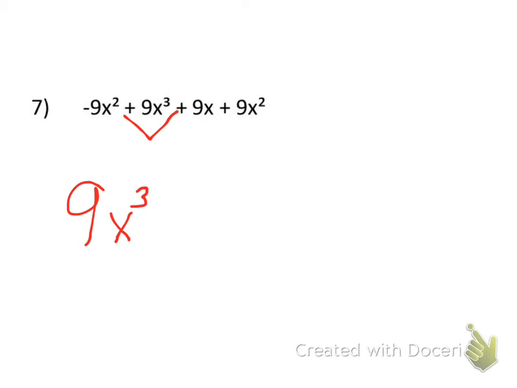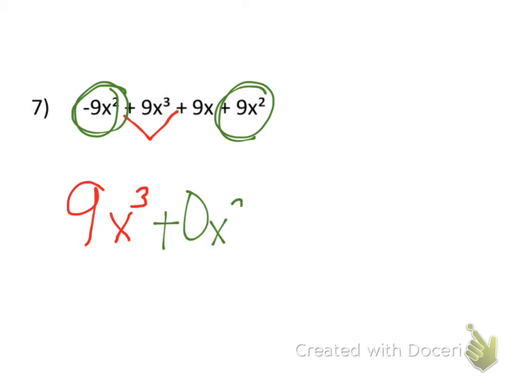So if I started with x to the third, next I would want to look at the x squareds. What's negative 9x squared plus 9x squared? 0x squared. So I'm going to put plus 0x squared. And then what about this guy right here? Plus 9x. There's nobody that's going to combine with him. Aww. Okay, real quick.